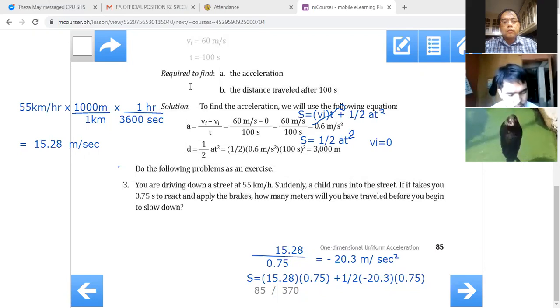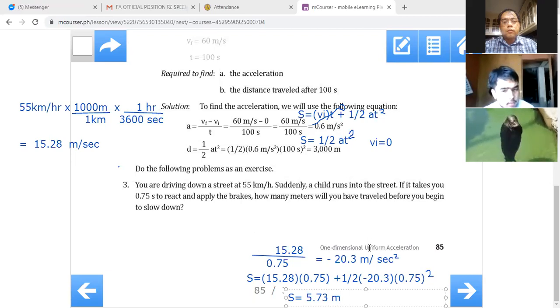We put in the value first, then we will simply square this expression. How much will we get for our S? How many meters is that? 5.73, sir. Okay, then that would be in meters.